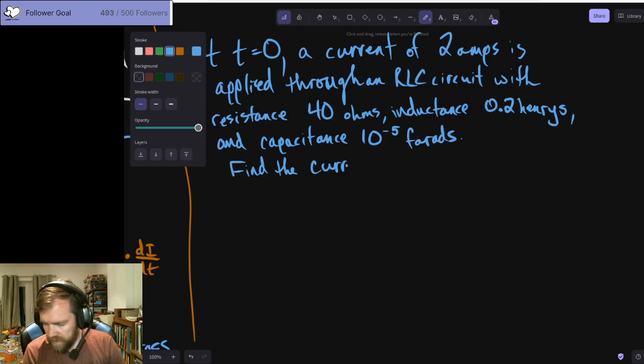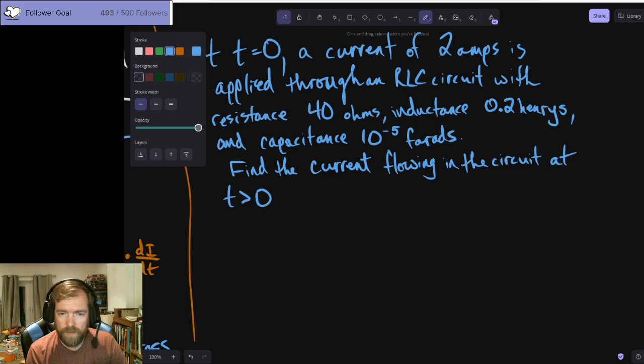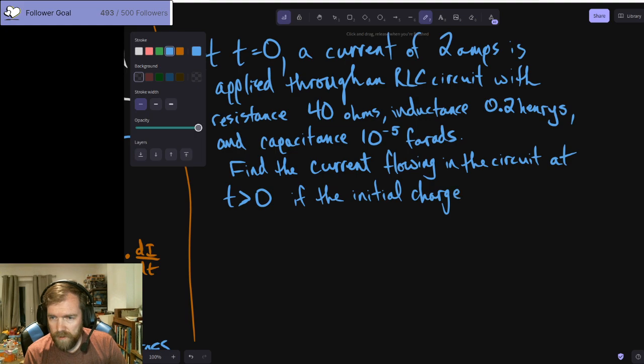Find the current flowing in the circuit at t greater than 0 if the initial charge on the capacitor is 1 coulomb.